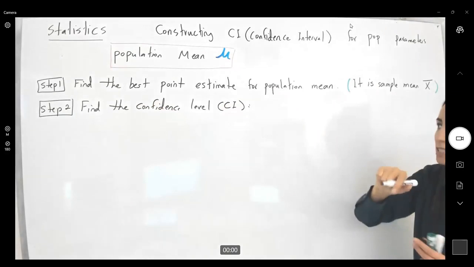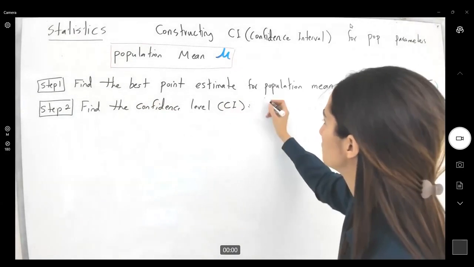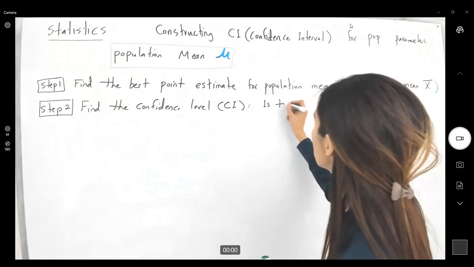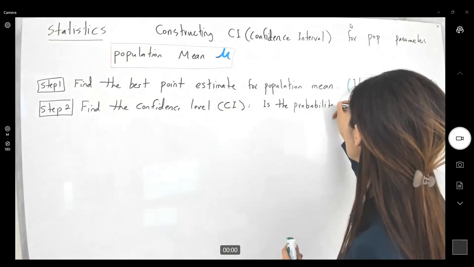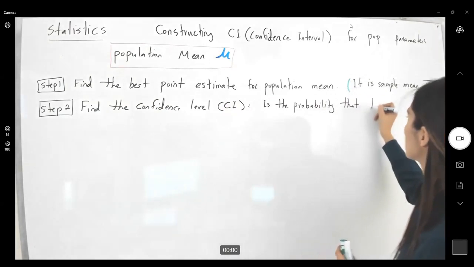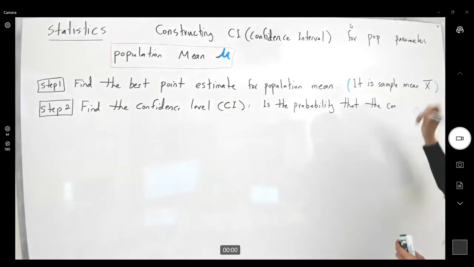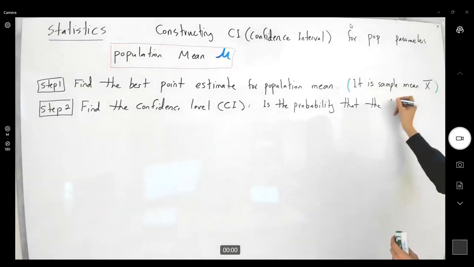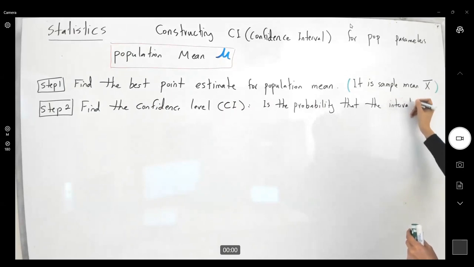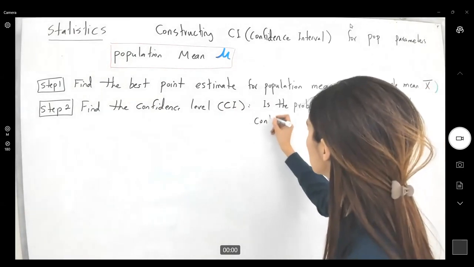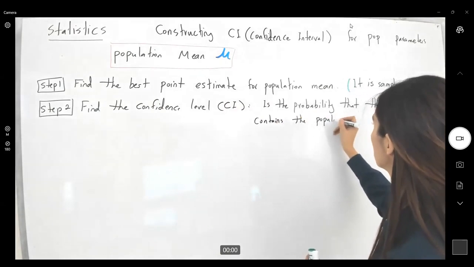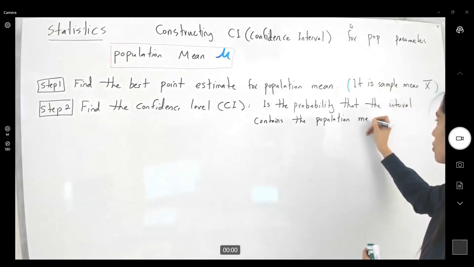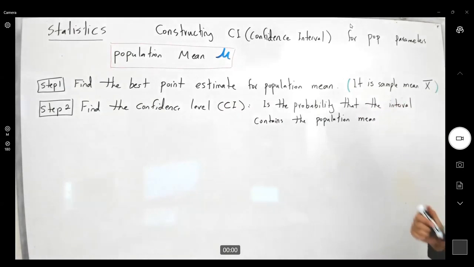So the confidence level is the probability that the confidence interval contains the population, in this case, population mean, or your mu.